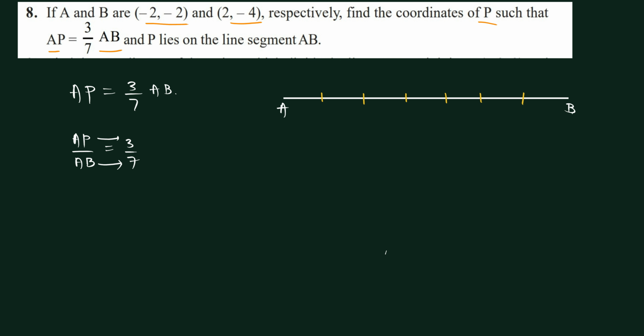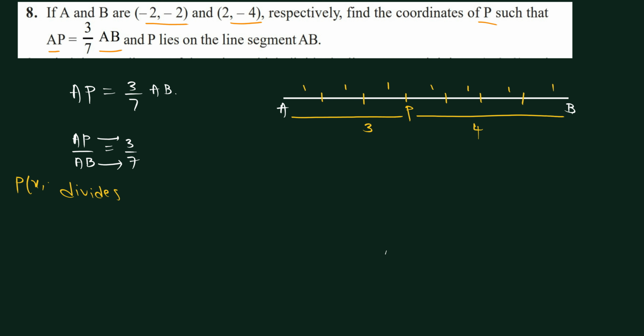In this, the first 3 equal parts are equal to AP. The next 4 equal parts are PB. That means here P divides the line segment AB in the ratio 3 is to 4. Let us say the point P is x comma y.